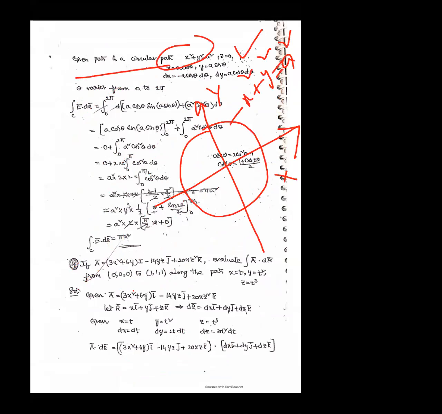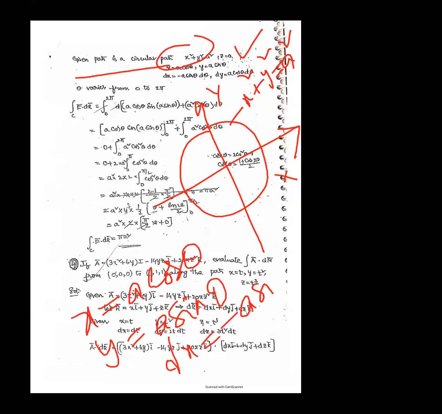As we already know from multiple integrals, x equals a cos theta, y equals a sin theta, and dx equals the derivative of x, minus a sin theta d theta, dy equals a cos theta d theta.